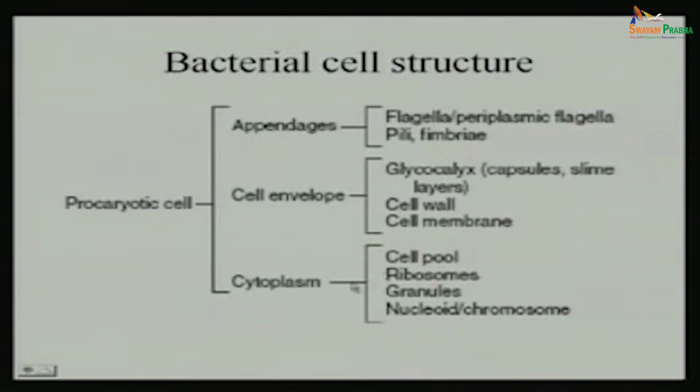If we see the internal fluid, we can find that it has the cell pool, ribosomes, granules and the nucleoid or the chromosome, that is the genetic material present inside the bacteria.